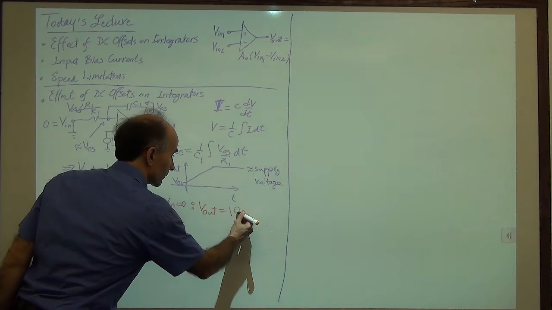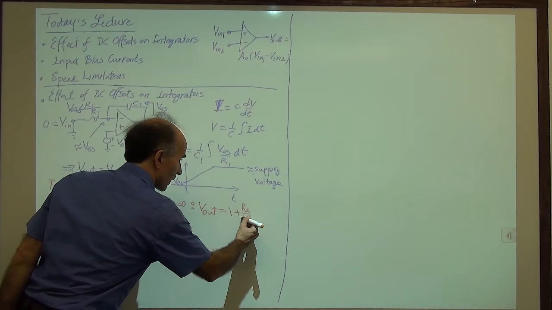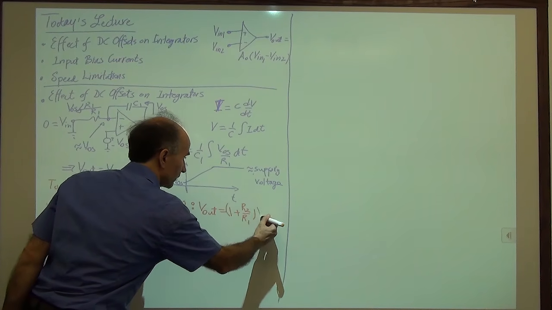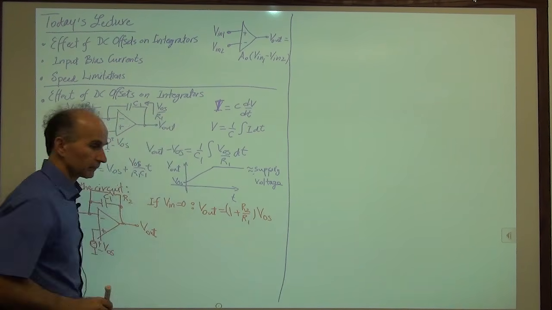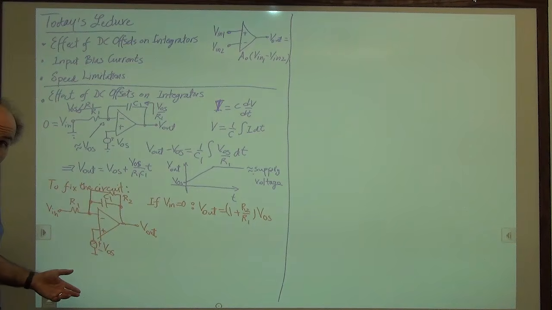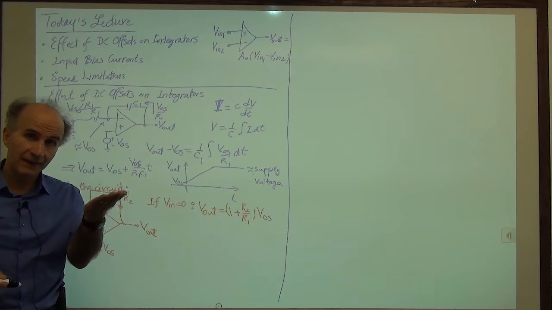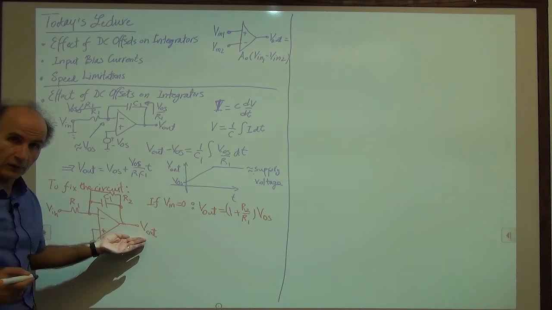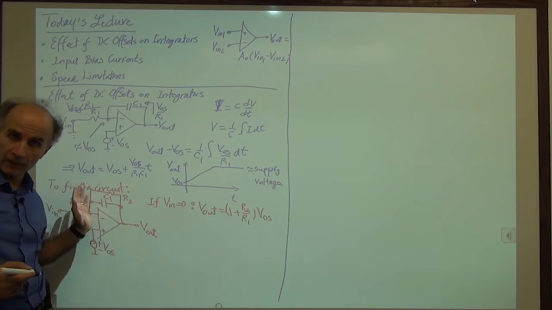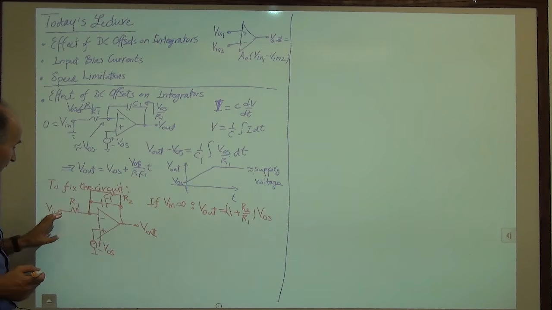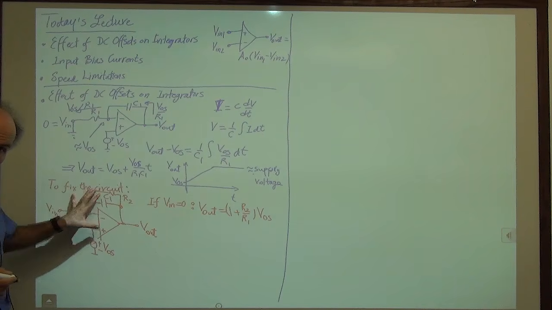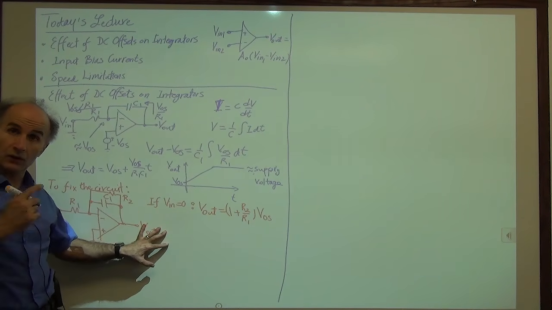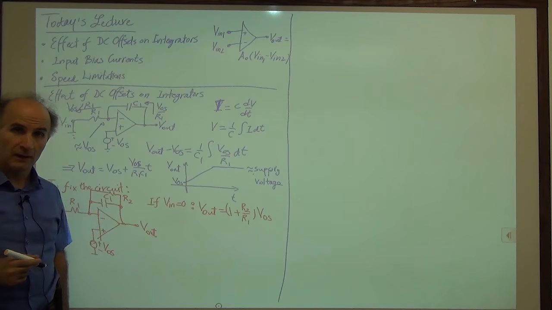So it's equal to 1 plus R2 over R1 times VOS. So yes, we do have some error at the output, this much DC sitting at the output, riding on top of anything that's coming through the circuit. So when we apply our input, the input goes through the circuit and generates an output, but in addition to that, we have this DC sitting there.